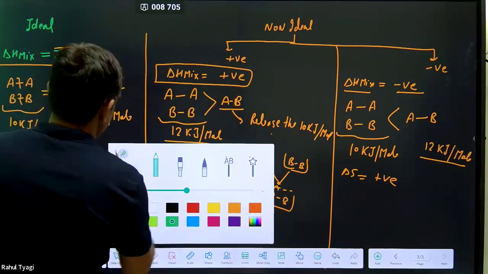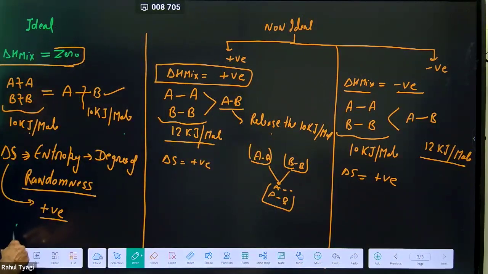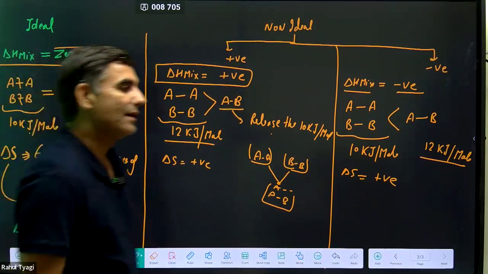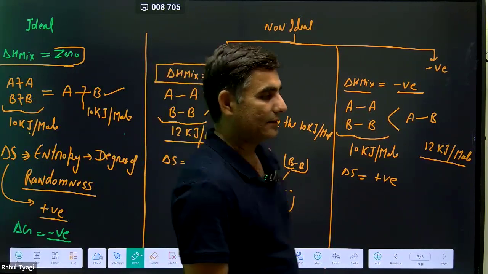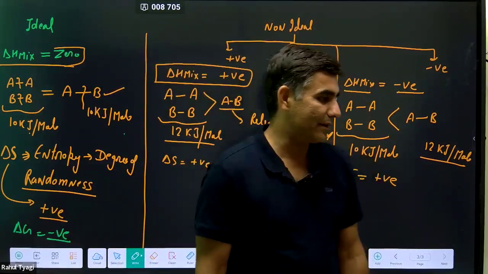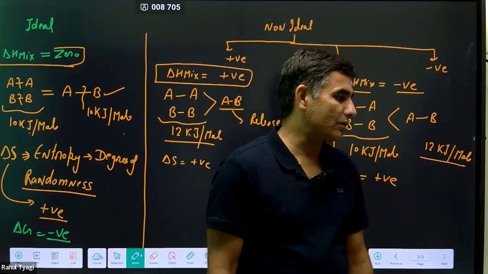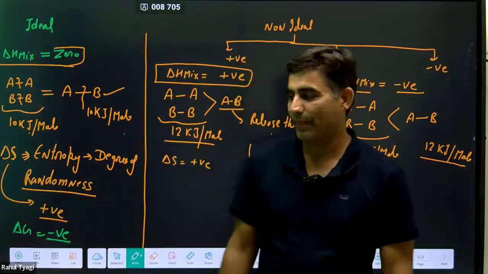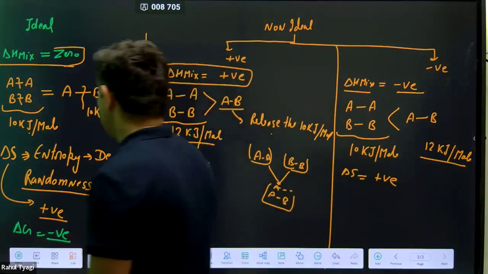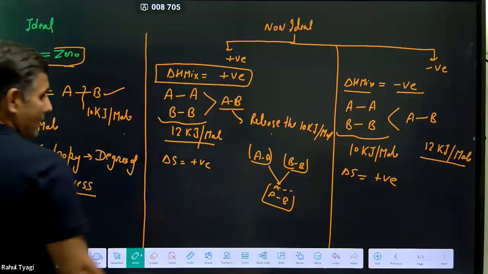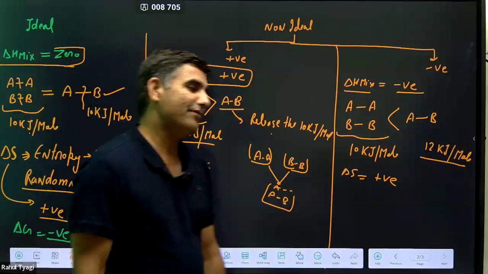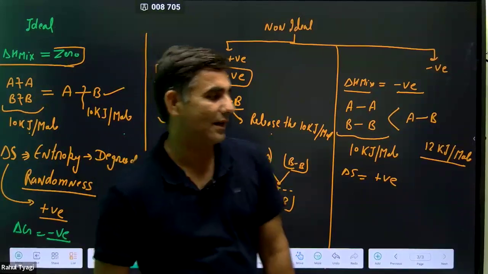Next point is delta G. Delta G will be negative. What is delta G? Can anybody mention in the chat box what is delta G? I'm waiting for the answer.